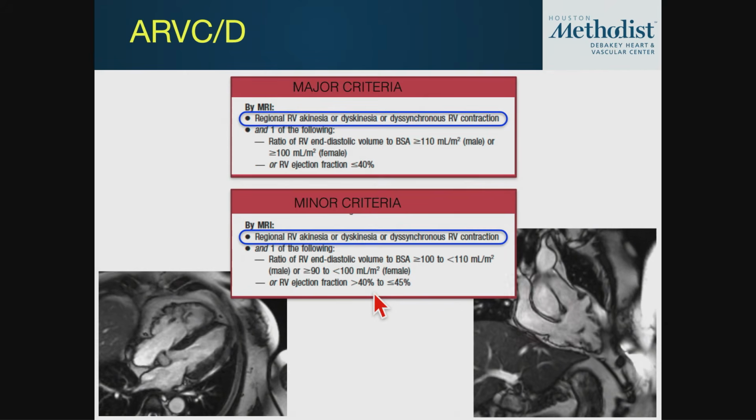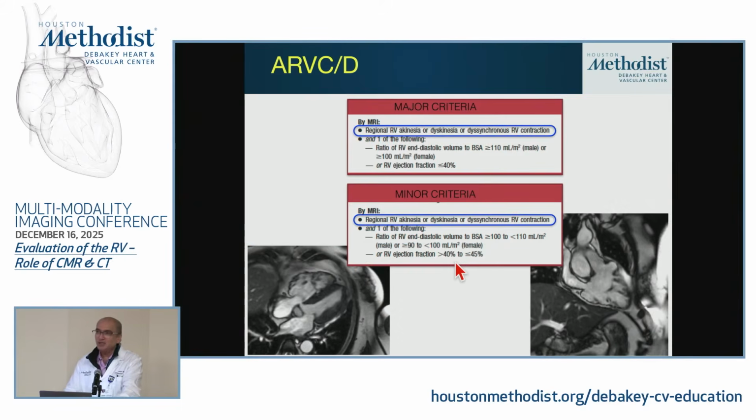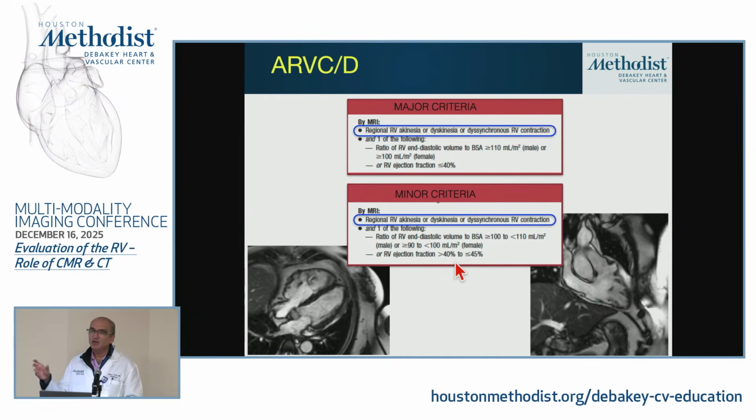Yes? Yeah, so in these criteria, there isn't a specific adjustment that's made for age. It was just made for sex. That's where, I mean, use your judgment. But when I showed you what normal RV ejection fraction and RV size values were, where you sometimes will run into this problem is if you have especially a young male who's athletic, his RV can be big, but it may not have anything to do with any pathological process.